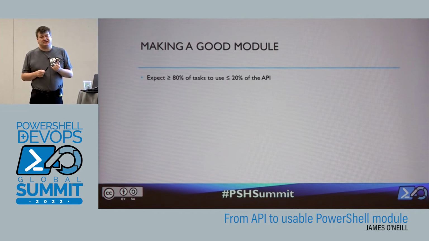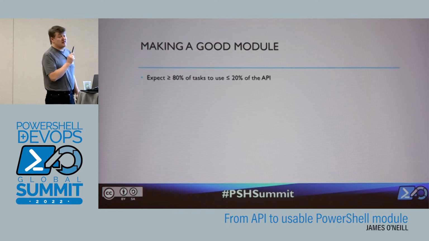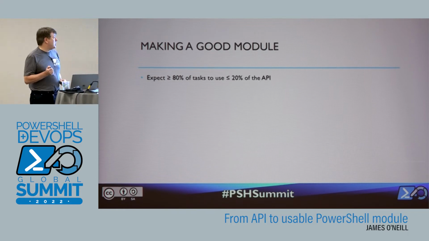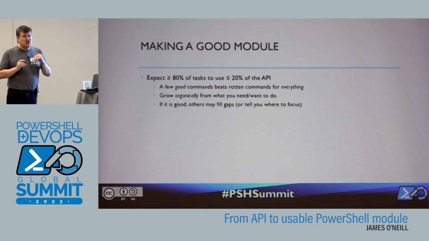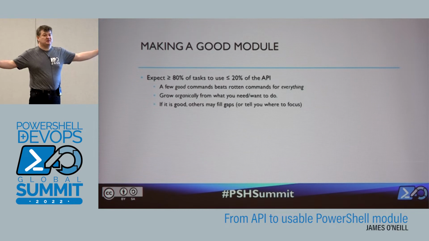Well, the first thing is, I think it's properly called the Pareto Principle. 80% of the tasks will only use 20% of the API. So go find that 20% and put your effort in there. A few good commands to do the 80% of the work beats 100% coverage with rotten commands.